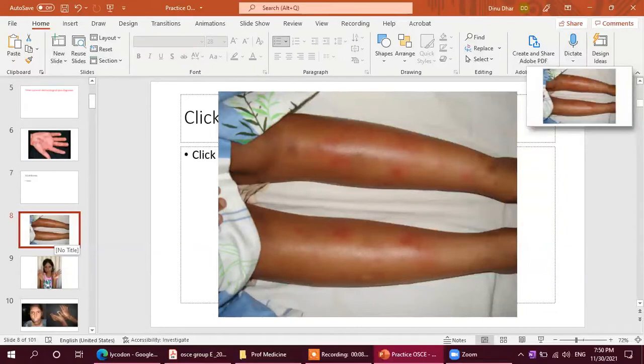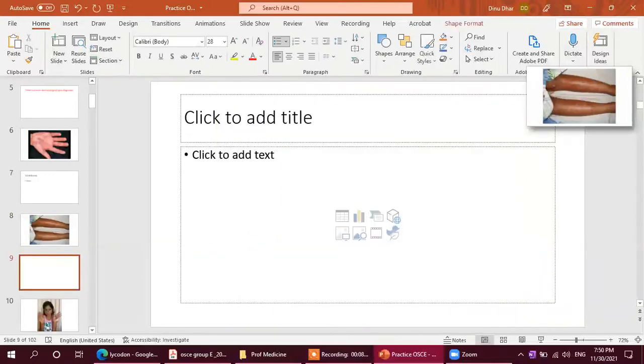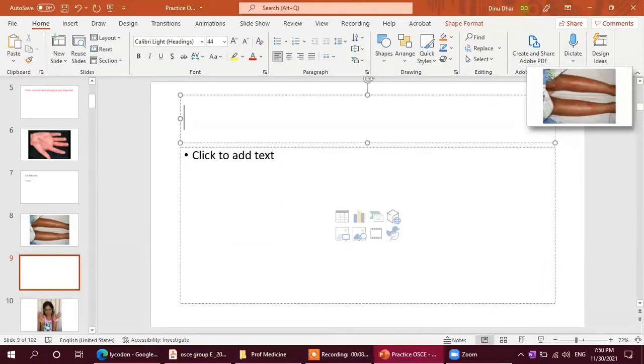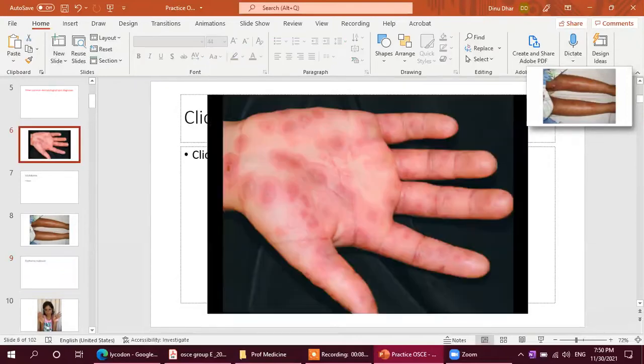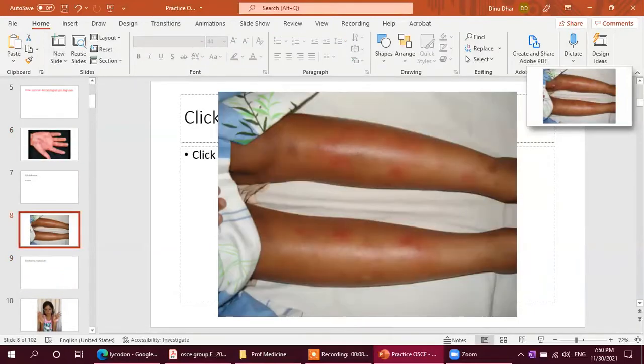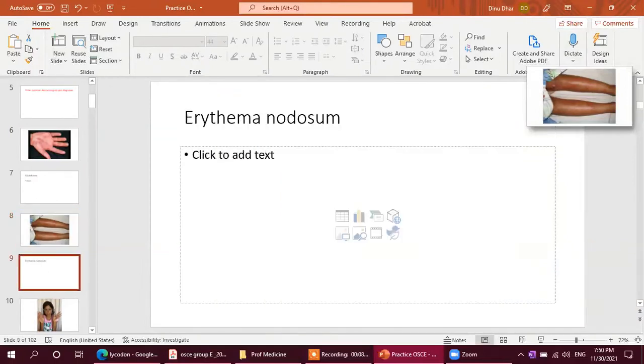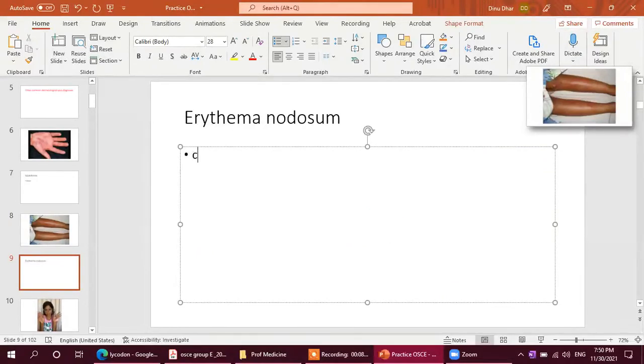Right, so if I give a history saying this is a painful nodular lesion in the shins, it's erythema nodosum. And again like erythema multiforme, you need to know a few causes. Erythema nodosum can be secondary to certain underlying systemic illnesses.